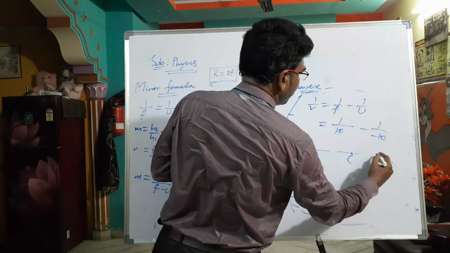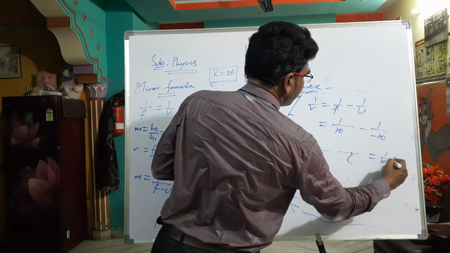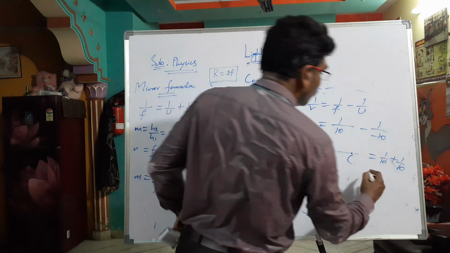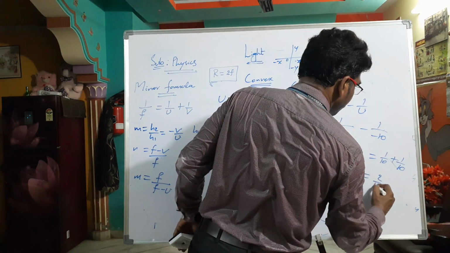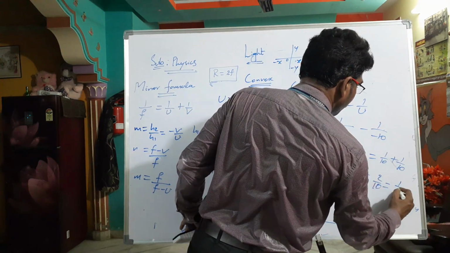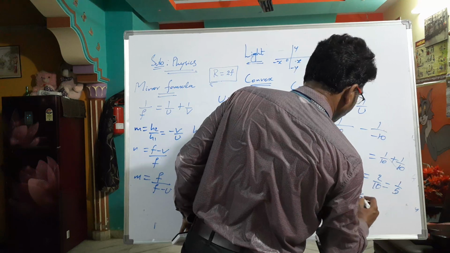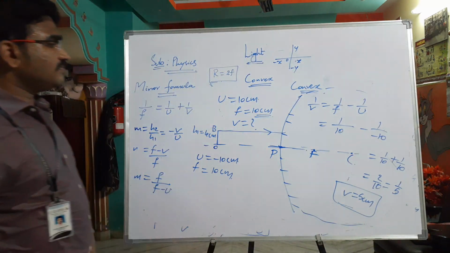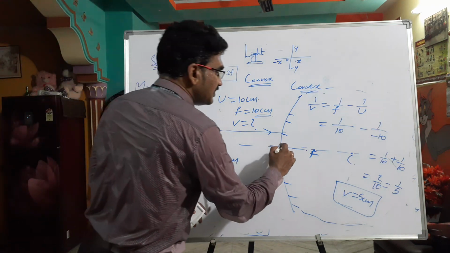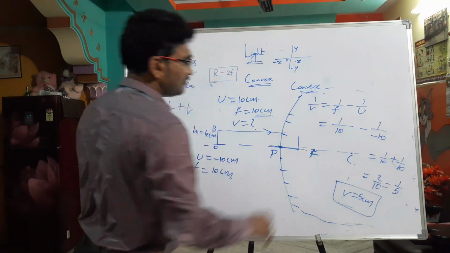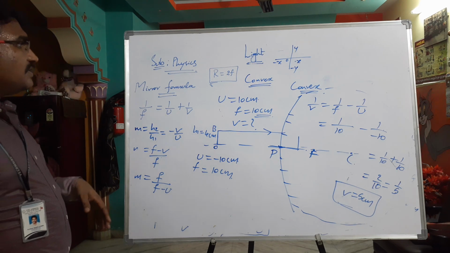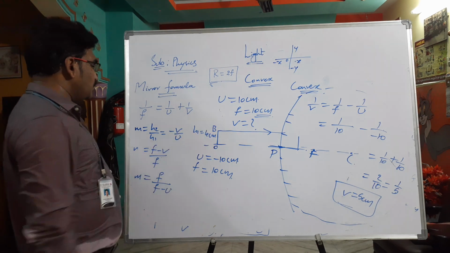Then it is going to be 1 by 10 plus 1 by 10, then 2 by 10, then 1 by 5. So the V value is 5 centimeters. Is V positive or negative? V is positive, the image is formed here.